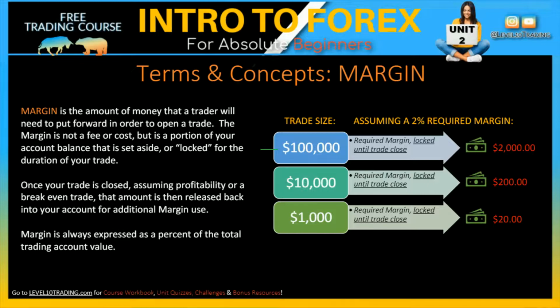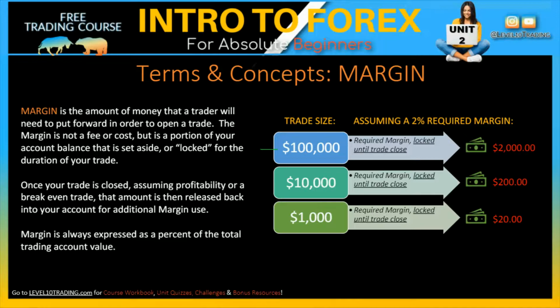Every position that you open will have its own required margin amount that will need to be set aside from your main account funds, or locked, for the duration of that trade. And margin is always expressed as a percentage of the full position size of your trade.